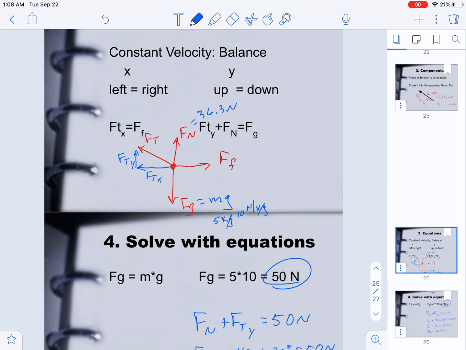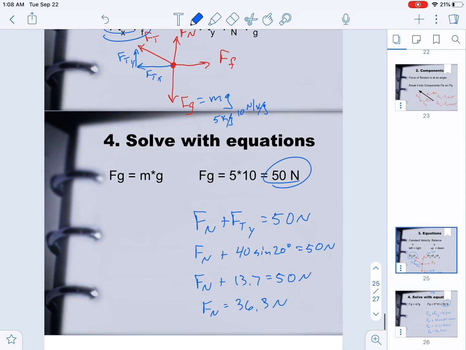My gravity. So now the only thing I have left is my force of friction. My equation up here tells me that my force of friction is equal to Ftx. So once I can figure out my Ftx, that tells me what my force of friction is.